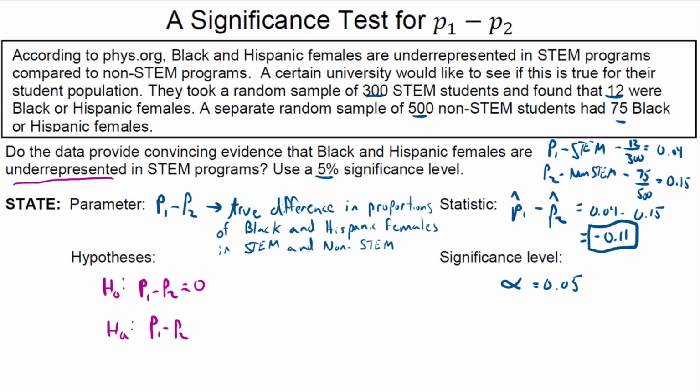So therefore, we should have a less than 0 value for the alternative because you would have a small number for your P1, in which case we had 0.04, and you have a larger number for your non-STEM, which was P2, which we did in our sample as well, 0.15, and gave us a negative 0.11. All right, so let's watch another little sample video exercise here to maybe help explain how to develop these hypotheses a little bit easier.